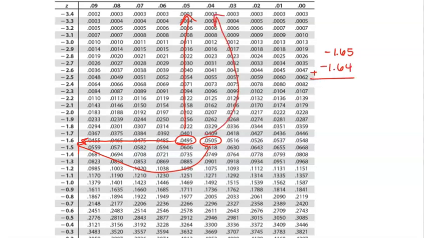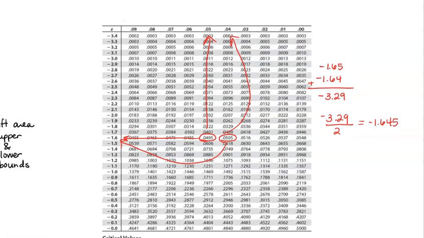So I'm going to add those two numbers together and then divide that by 2. Add negative 1.64. We get negative 3.29. And then I'm going to divide that negative 3.29 by 2 to get that they have an average of negative 1.645. And that is our z-score. That has a left area of 0.05.